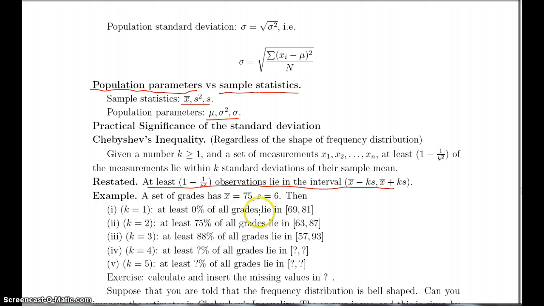So I know that at least 0 of the measurements would be between 69 and 81. Doesn't tell me much, but it gets better if we go to k equals 2, because it tells me 3/4 of my data is between 63 and 87, and it tells me at least 88% of all grades fall in the interval 57 and 93, and you have question marks here for you to fill out.